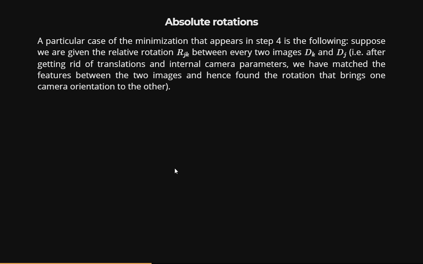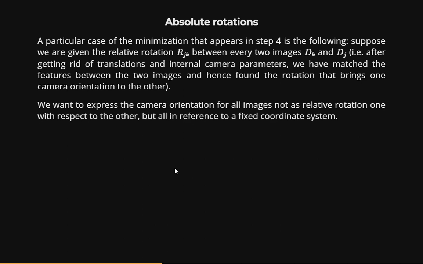Now, you would like to find absolute rotations. So you fix a coordinate system and you want to write all these projection planes as one rotation each from a given reference plane.